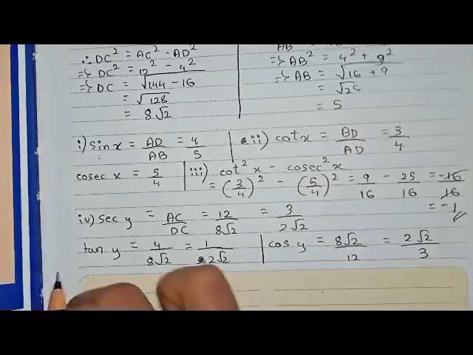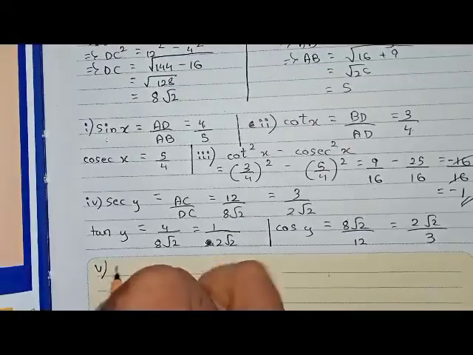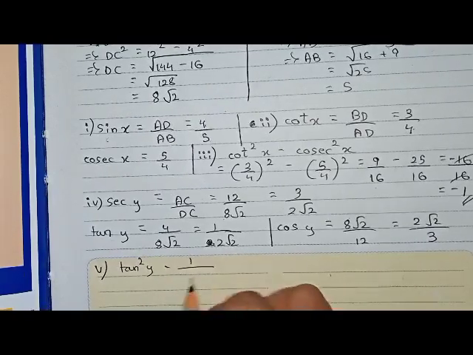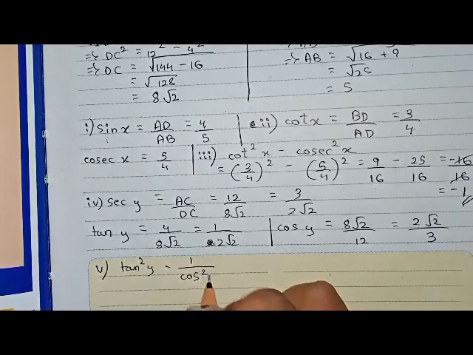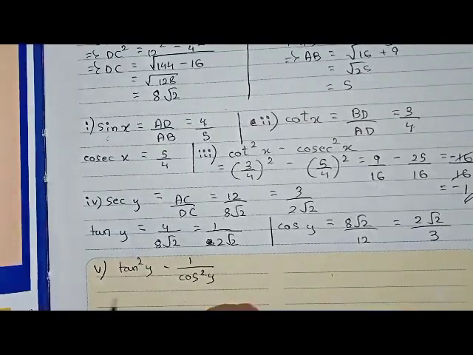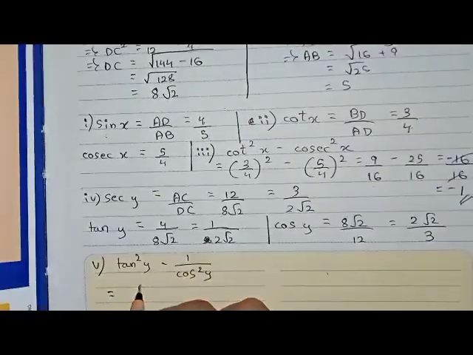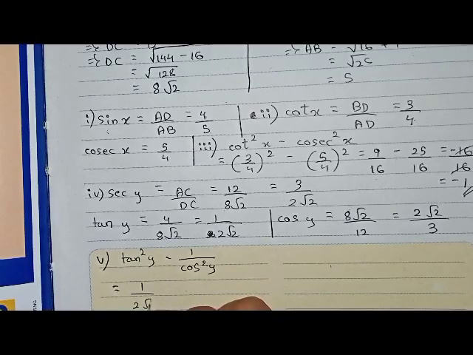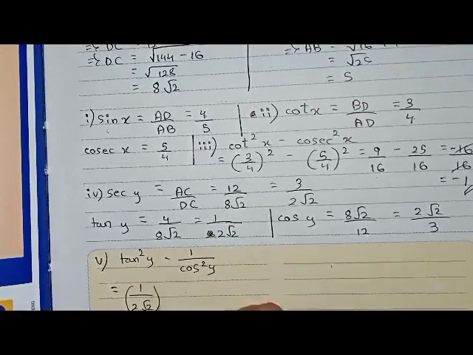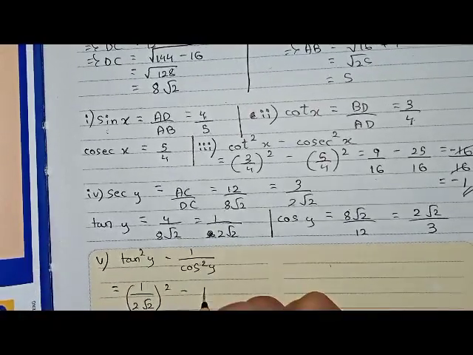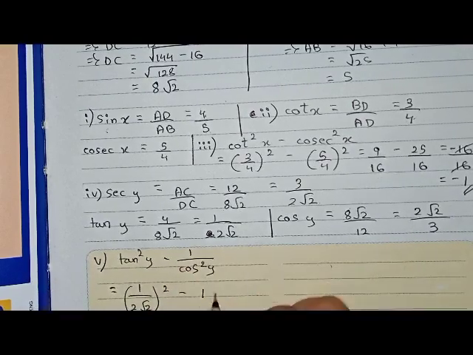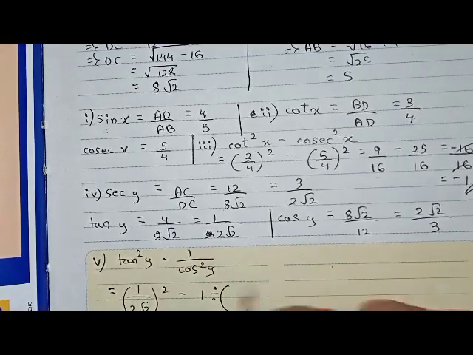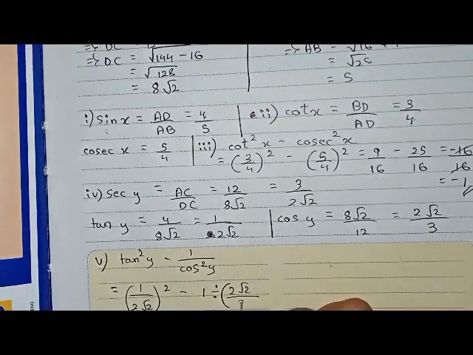So now I do question number 5, which says tan square y minus 1 by cos square y. So tan value is 1 by 2 root 2, to the power 2, minus 1 by cos y squared. So cos y value is 2 root 2 by 3.